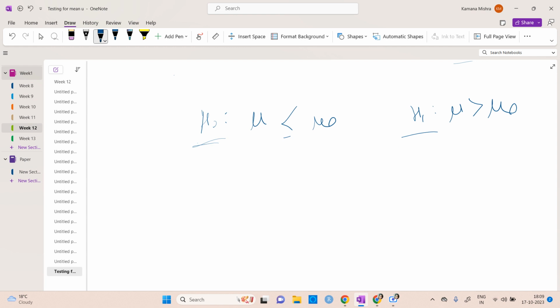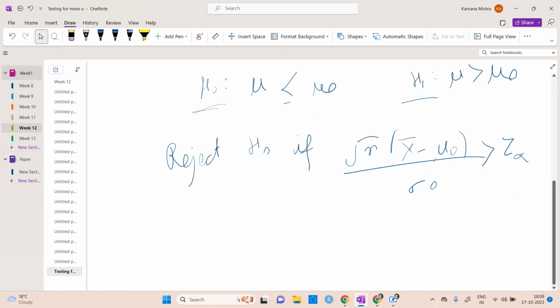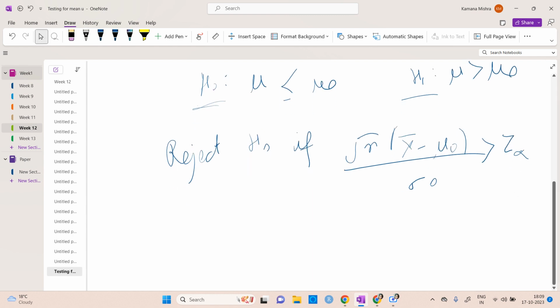So we say that we are rejecting H naught if root n times x bar minus mu naught, divided by sigma naught, is greater than z alpha. What does it mean?